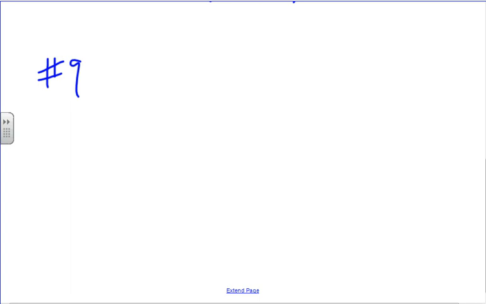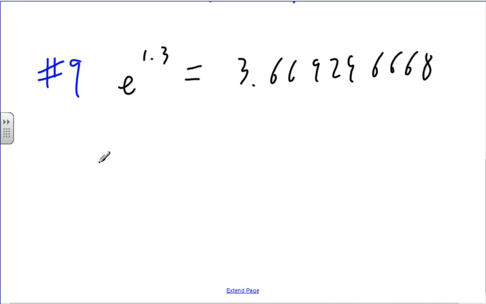It wants e to the 1.3. So I find that in my calculator, so I know what it is. E to the 1.3, and I end up with 3.6692966668. And I'm going to do this e to the 1.3 with the first 4 terms.